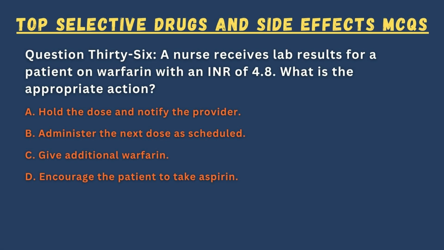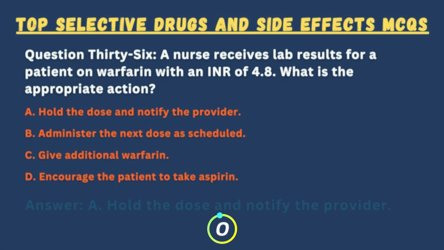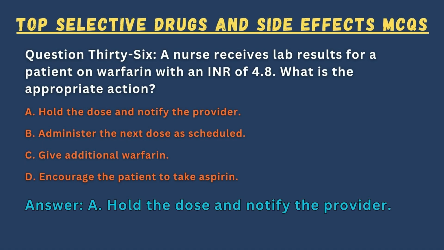A nurse receives lab results for a patient on warfarin with an INR of 4.8. What is the appropriate action? A. Hold the dose and notify the provider. B. Administer the next dose as scheduled. C. Give additional warfarin. D. Encourage the patient to take aspirin. Answer: A. Hold the dose and notify the provider.